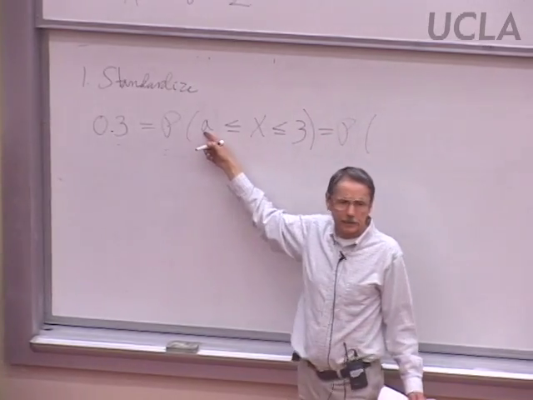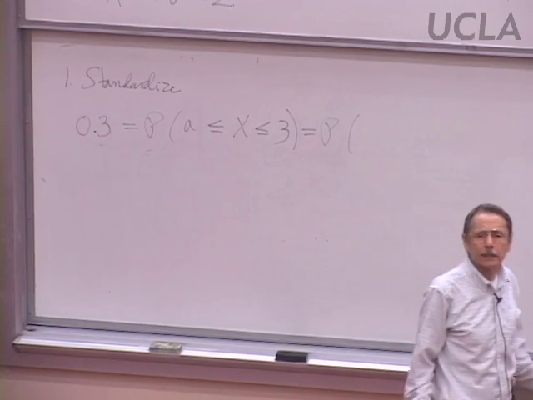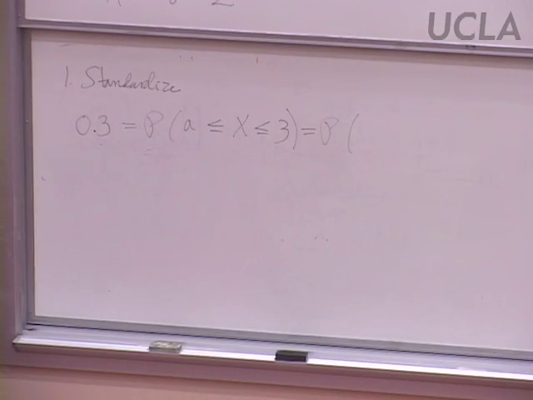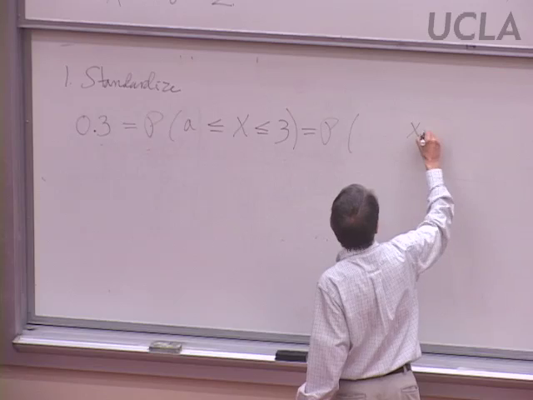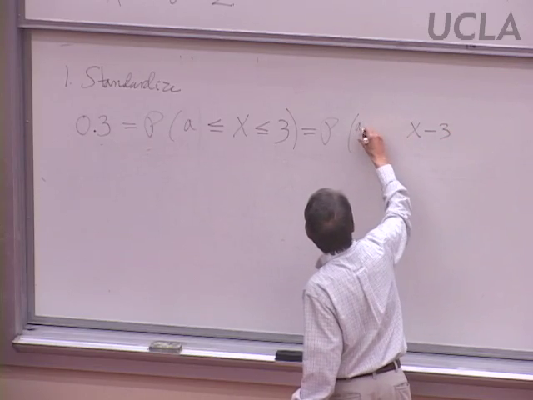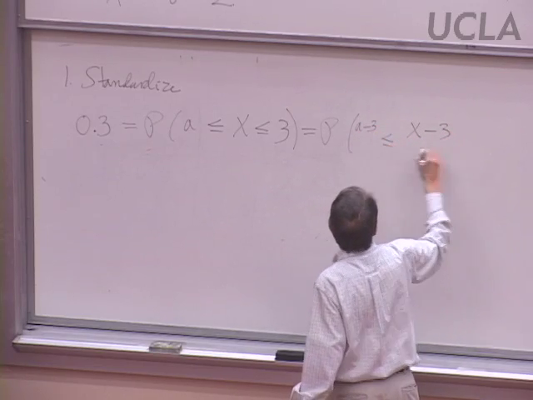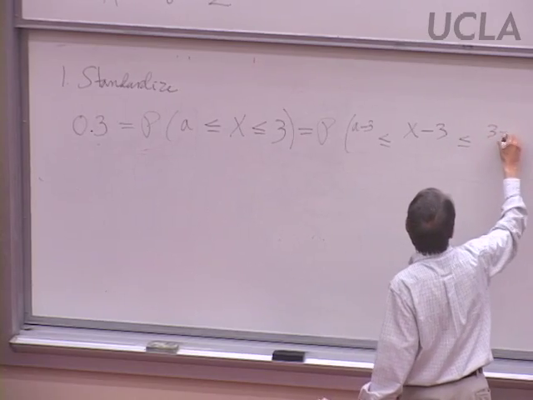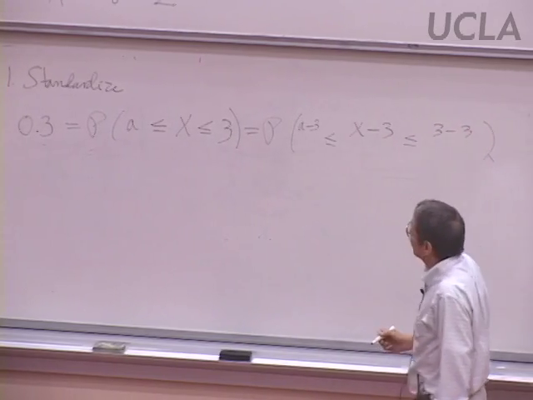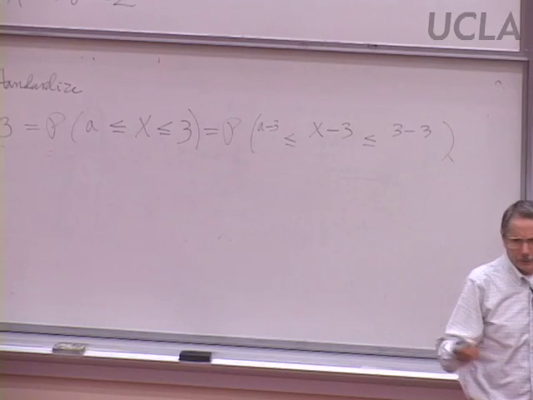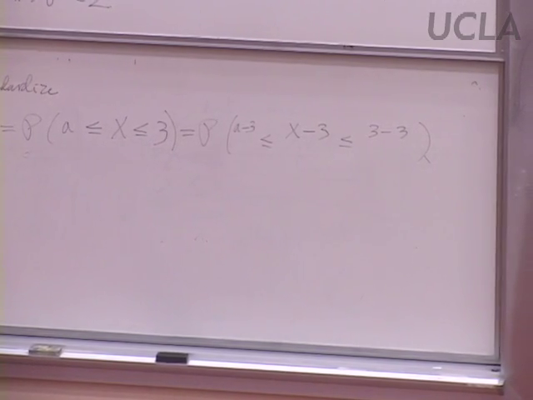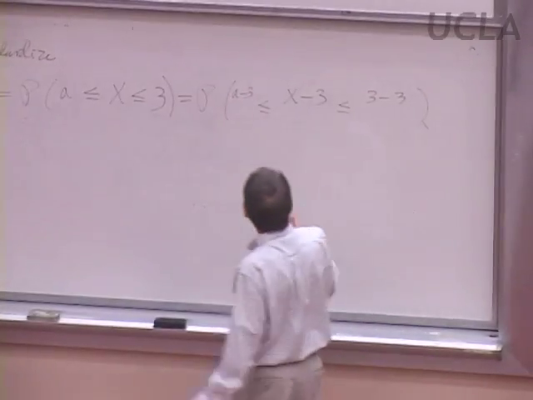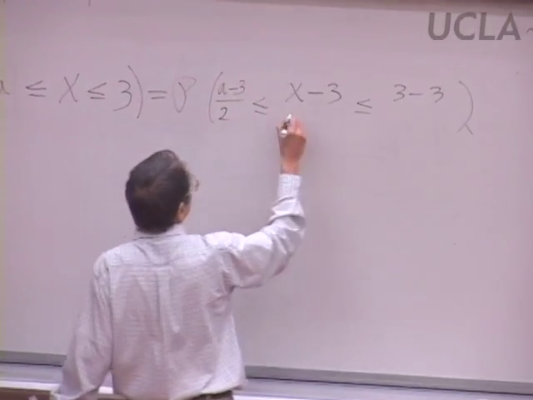And this event is the same as, now we standardize. We subtract the mean from each term. So we have an equivalent inequality. It's still the same event. And we divide through by the standard deviation, which is 2.